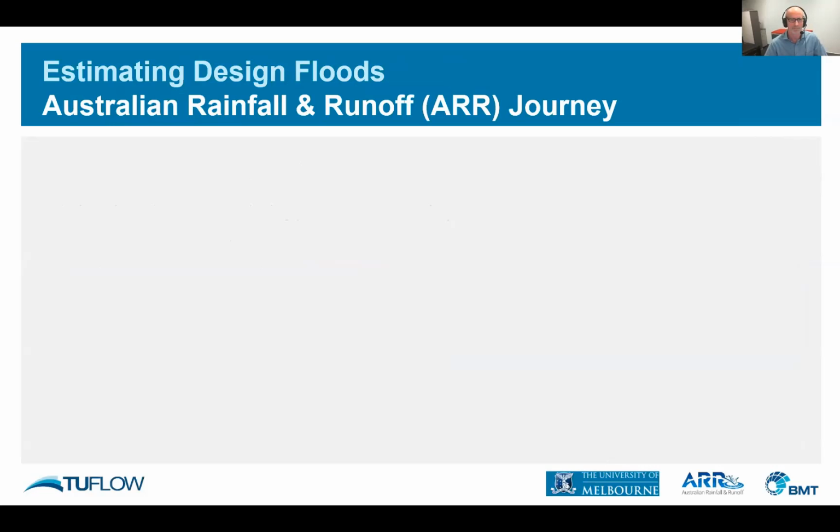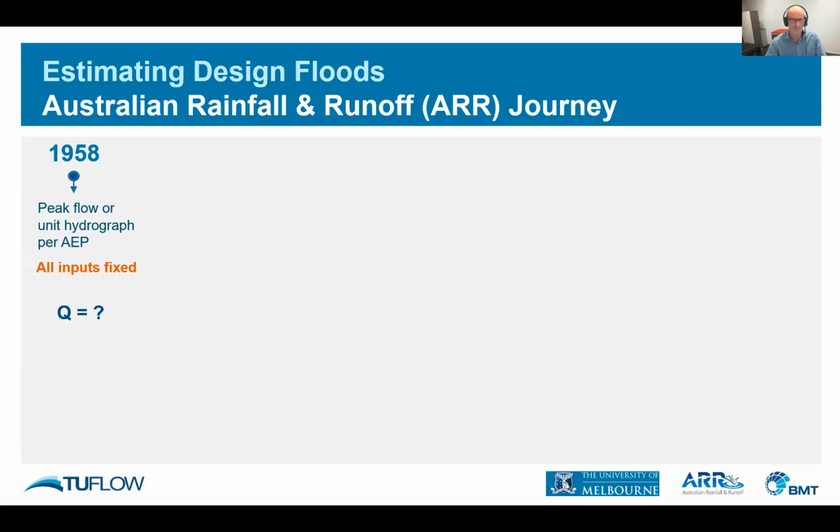So, estimating design floods. For those who work in Australia, you'll be familiar with some of this, and for those outside Australia, it'd be interesting to hear what you think. Australia has a guide called Australian Rainfall and Runoff, and this first edition came out in 1958. It's very, very simple.